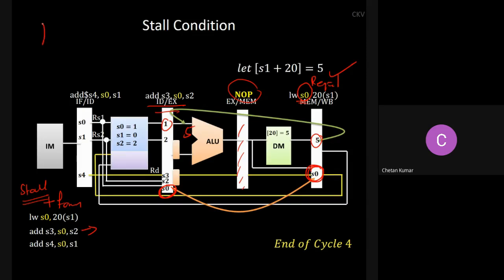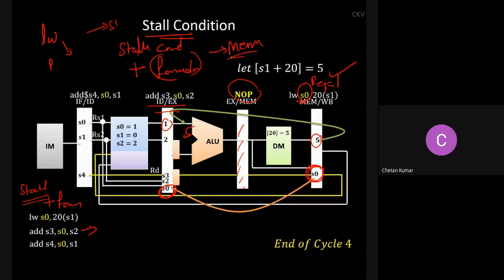Okay. So remember, whenever there is a load followed by data dependent instruction, first thing is you have to separately check for stall condition, which we just derived. Okay, stall condition you have to check. In addition to that, you have to forward. But this forwarding part is already taken care of by the mem hazard condition, which you had implemented earlier. So it's not that you implement both of them separately. Okay, so the entire unit will have forwarding unit as well as stalling unit.